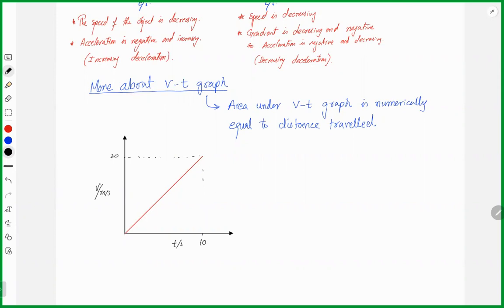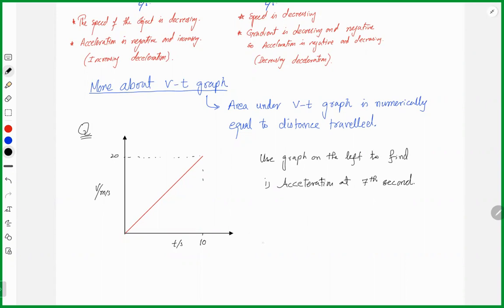Now, this is the question. Use the graph on the left to find number one, the acceleration at the 7th second.